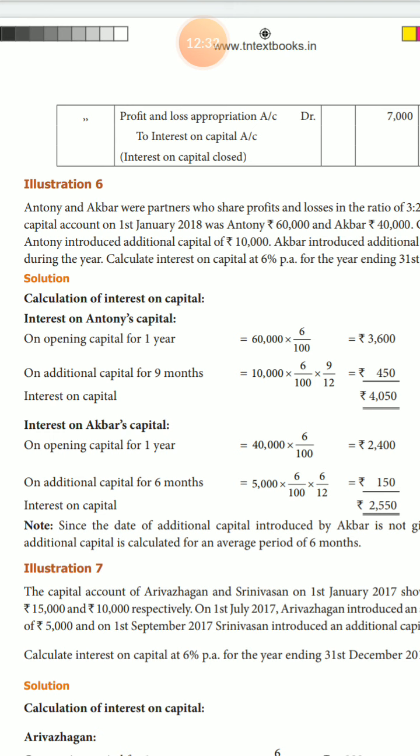Interest on additional capital you calculate in average period. Average period means for 12 months the average period is 6 months.